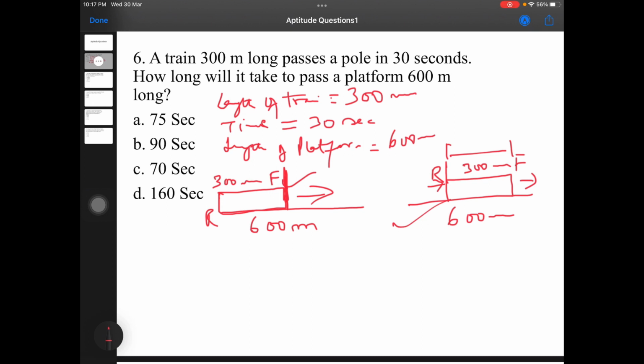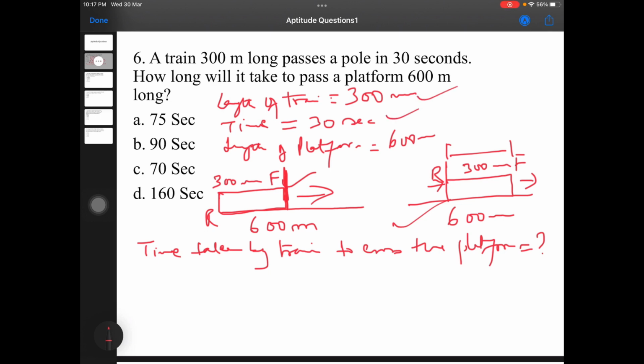So the question asks us to find the time taken by the train to cross the platform. First of all, we have the length of the train and the time taken by the train to pass the pole.